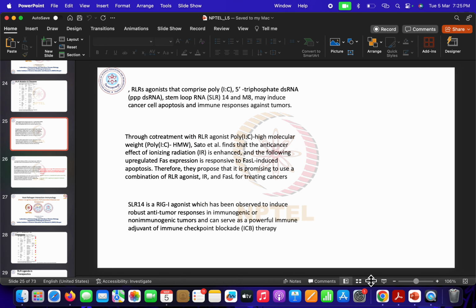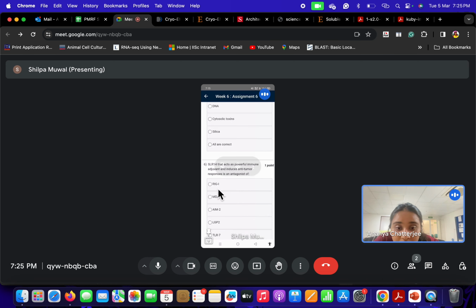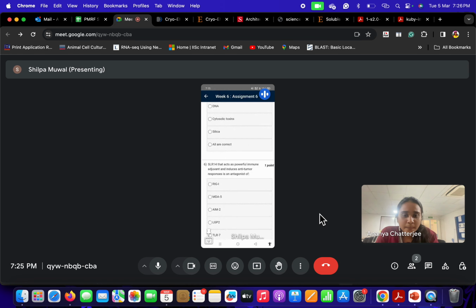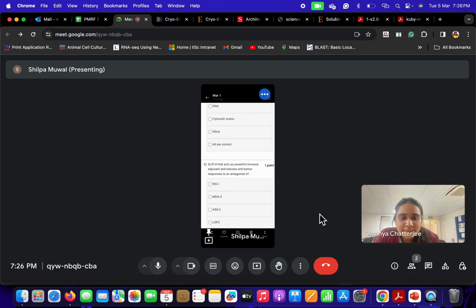RIG1, MDA5, AIM2, TLR7 acts as a powerful immune adjuvant and induces anti-tumor response, so it is an agonist. I think it should be agonist. It should be this straightforward. Yes, because they won't ask such a complex question. It helps RIG1, so it should be agonist.